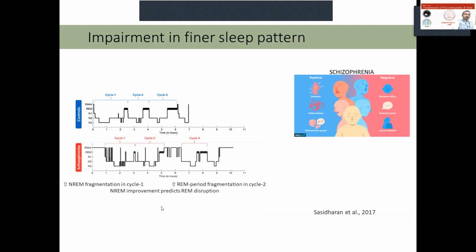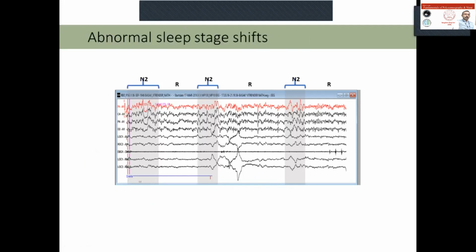From the hypnogram itself, you can look at each cycle separately, because each is a sleep of its own, so there can be abnormality specific to one particular cycle. Sometimes within a single 30-second window, you can see transitions between NREM to REM to NREM to REM, which is a sign of a neurodegenerative condition like Parkinson's disease.